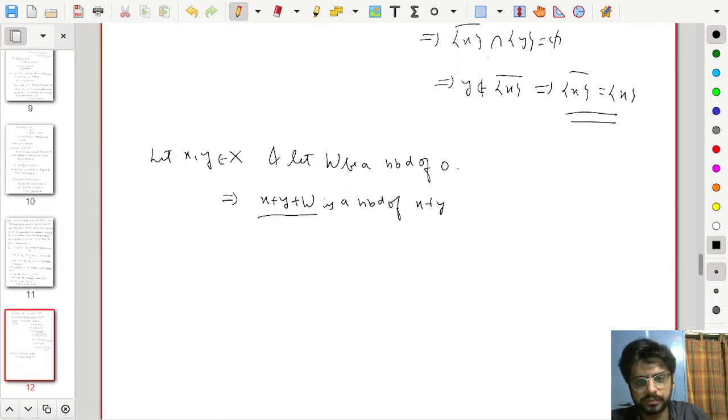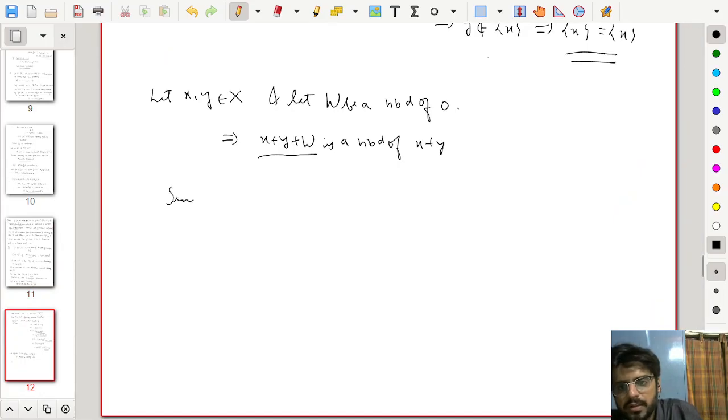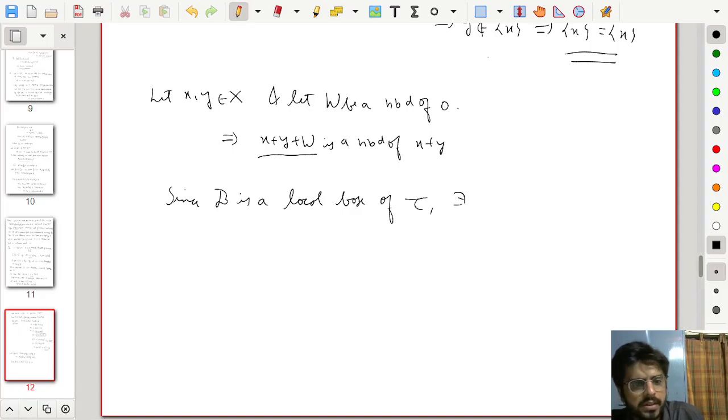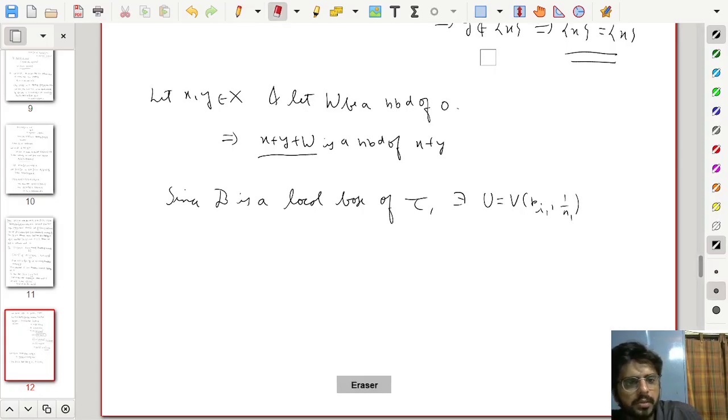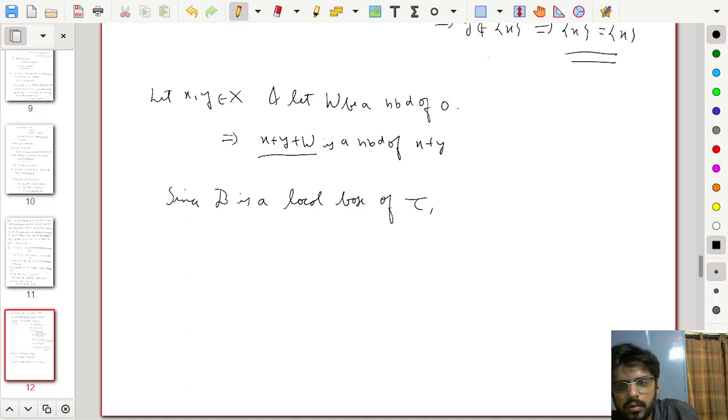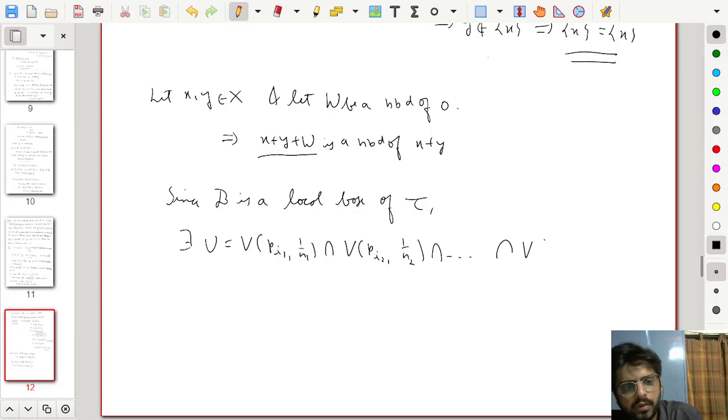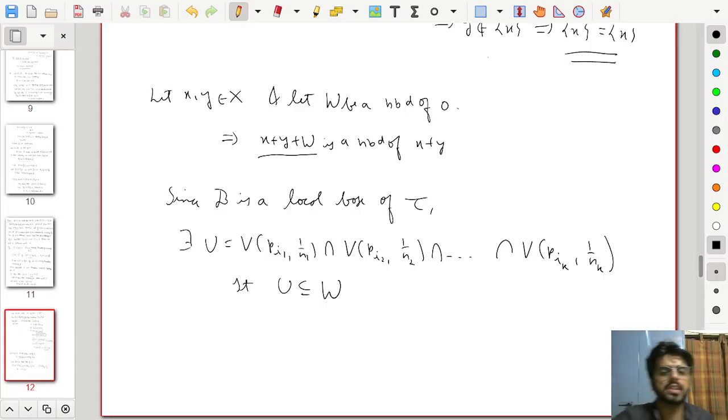Now, since B is a local base of tau, there exists some U of the form V_{p_1,1/n_1} intersection V_{p_2,1/n_2} intersection ... intersection V_{p_k,1/n_k}, such that U is contained in W. This is by the definition of local base.